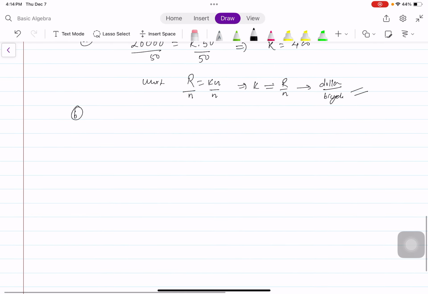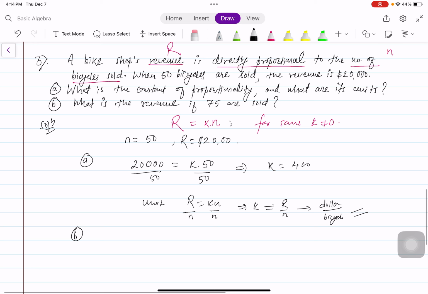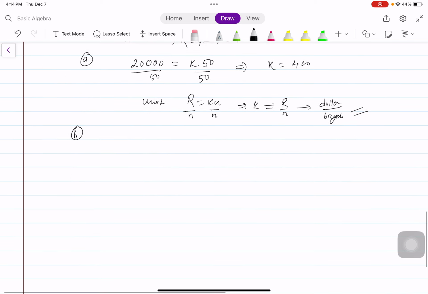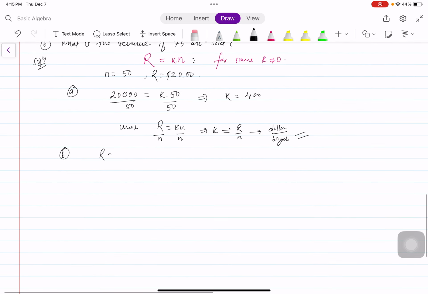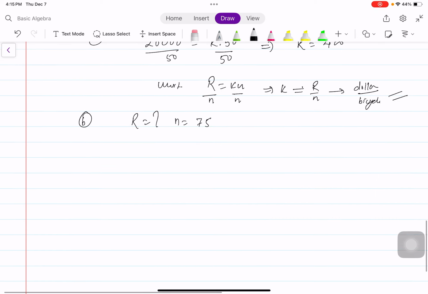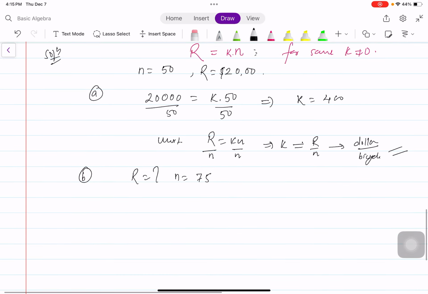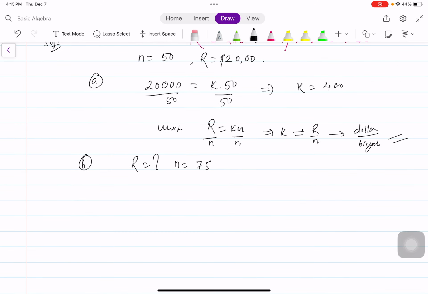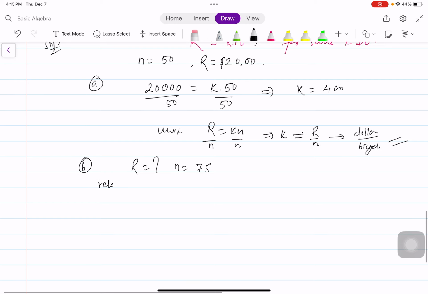Similarly, part 2 asks what is the revenue if 75 are sold. So what is R when n equals 75? First of all, write the relation the same way we did here. So the relation is R equals k times n, and k is 400.